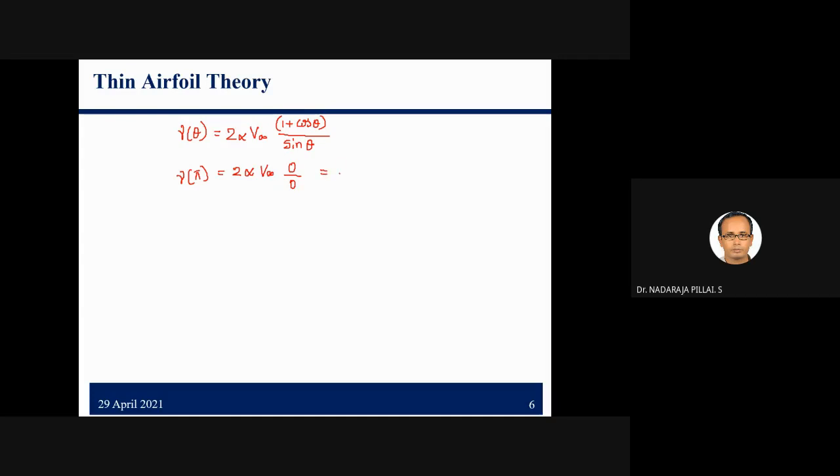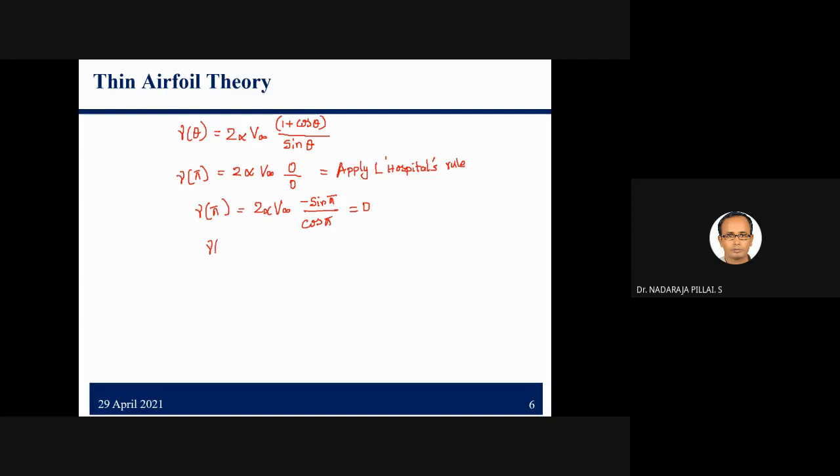So let us apply L'Hospital's rule. For gamma of pi, we finally arrive at 2 alpha V infinity times minus sin pi by cos pi, that becomes 0.